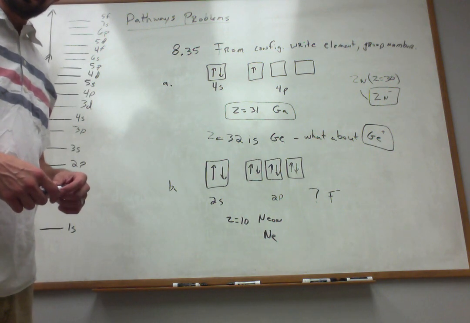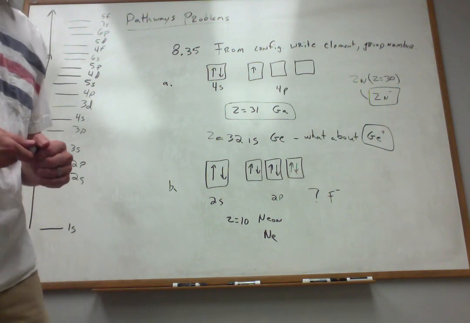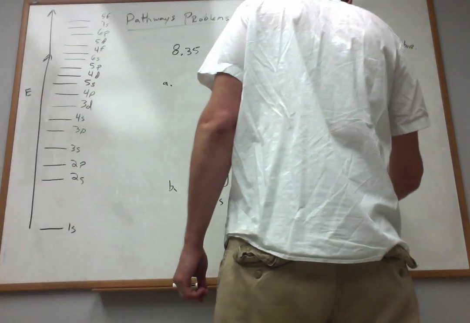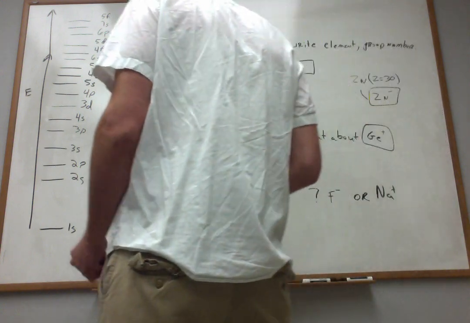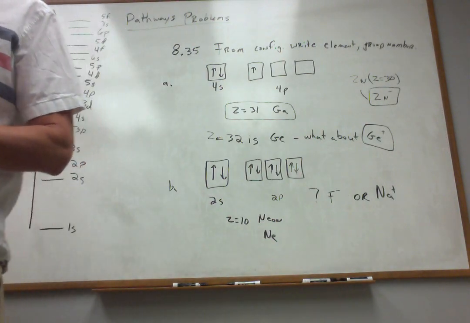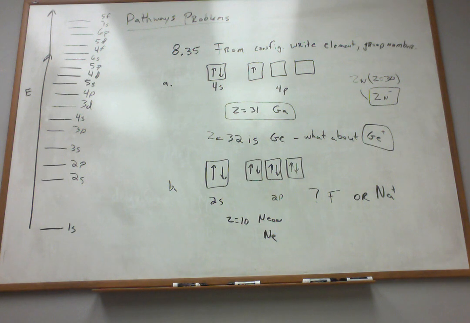To be honest, it can also be consistent with sodium plus 1. Sodium is element number 11. It's got one more electron, one more proton in its neutral form than does neon. Neon's only got 10 of each, right? But if I make sodium plus 1, I've lost 1 of the electrons. So instead of having 11, I've only got 10.